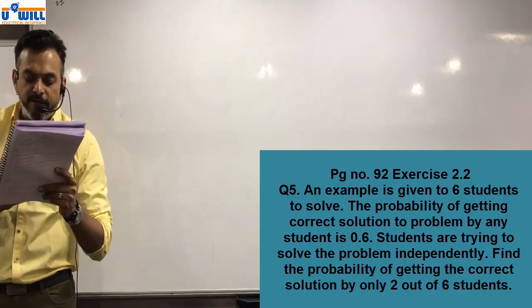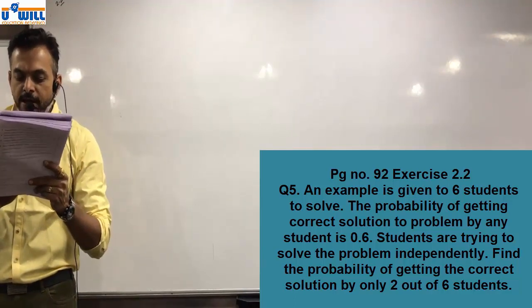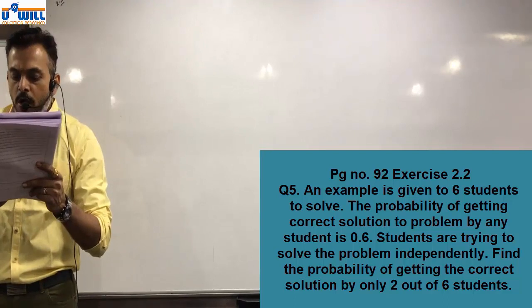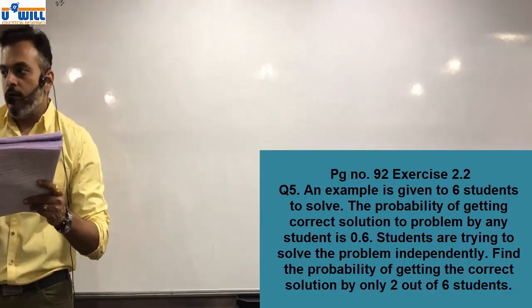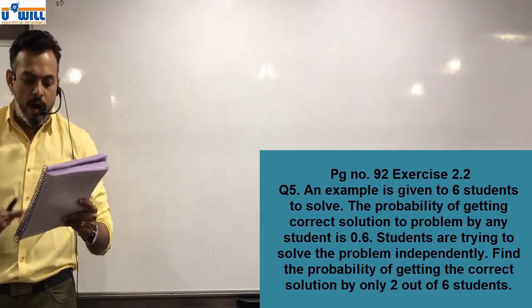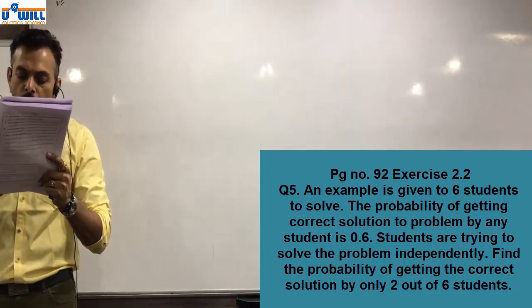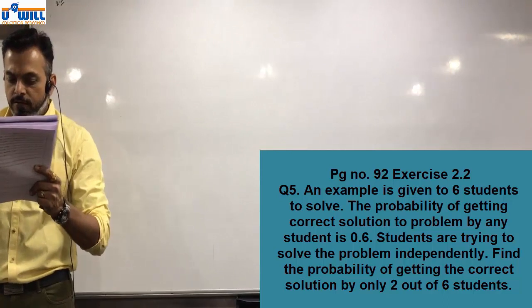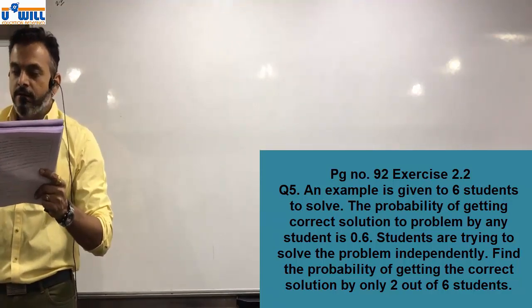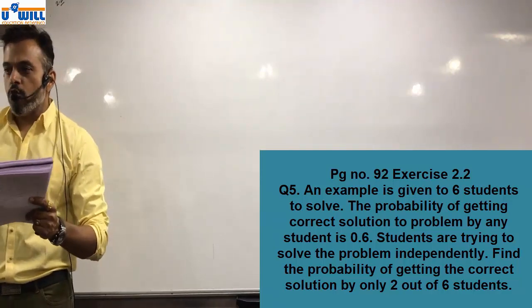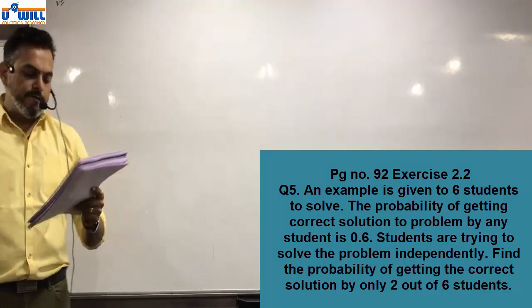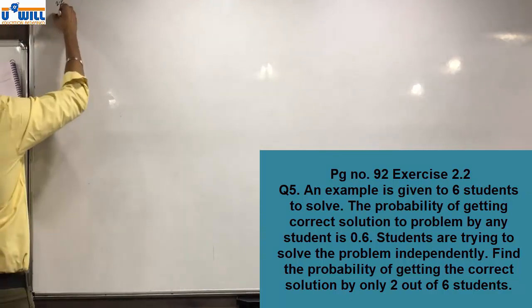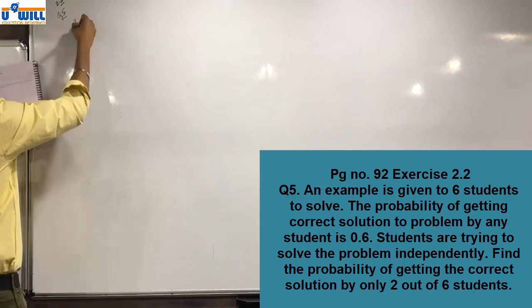Find the probability of getting the correct solution by only 2 out of 6 students. Now, what is N? What is X? What is P? 0.6. And what is Q? 0.4. Let's write down.